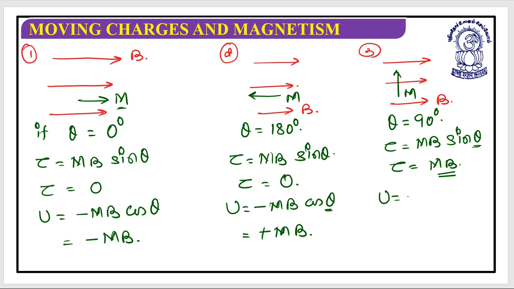Let's talk about the potential energy. This is minus of mB cos theta, and cos 90 is 0, so the potential energy would be 0.